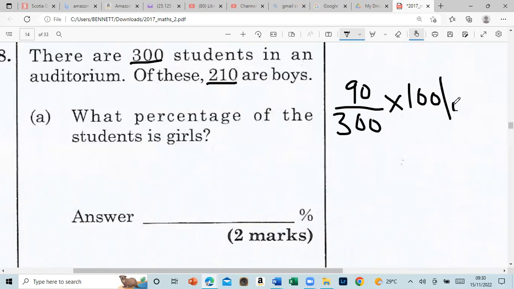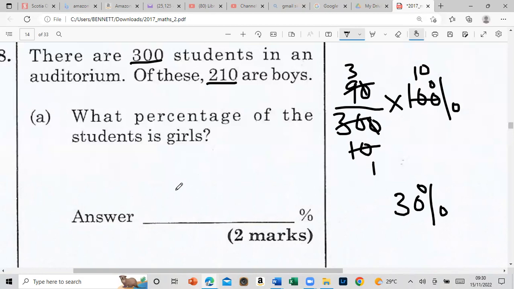Alright, let's break it down. 3 can go into 9, 3 times. 3 into that, 10 times. And then 10 into 100, 10 times, right? So it would be 30% girls. Very nice question. So our answer would be 30%.